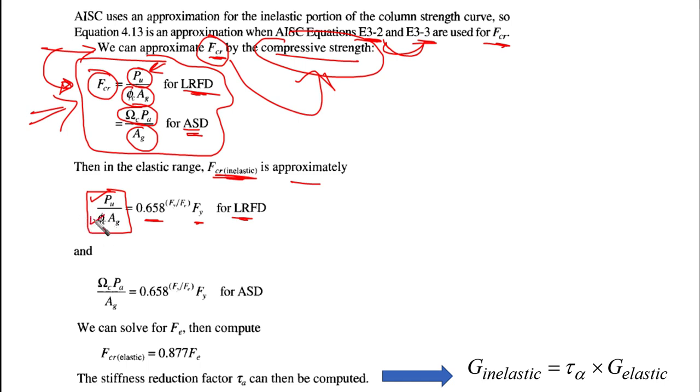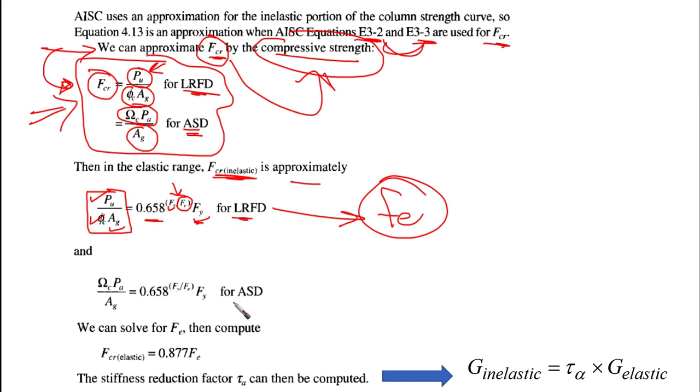Phi C, we know it, it is the resistance factor, 0.9 for example. Area gross, we know it for our cross section. F yield is known, F yield here in the power is known. Now the only one that we do not know is Fe. Everything is known in this equation, then we can get Fe.